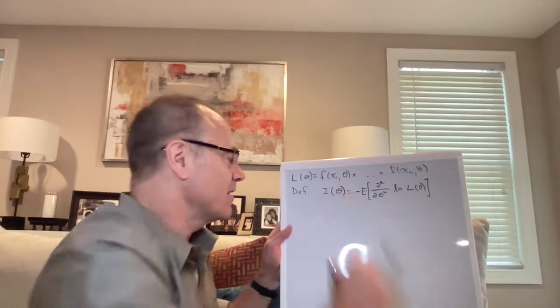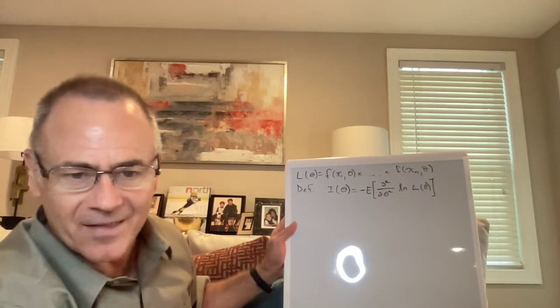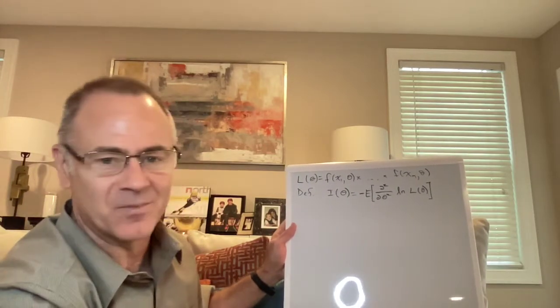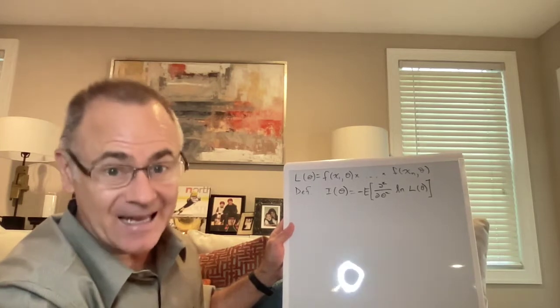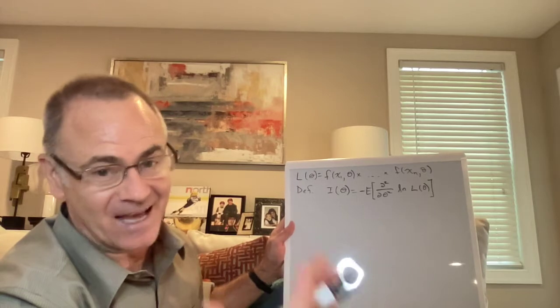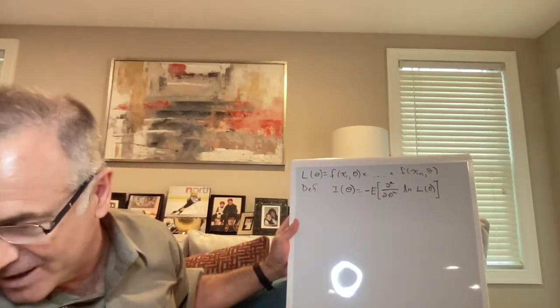Now we take the negative of that. Remember that will come in handy once you're doing your homework. If you forget to take the negative of something, you're going to end up getting a variance that is negative. We know that the variance has got to be positive for any random variable.